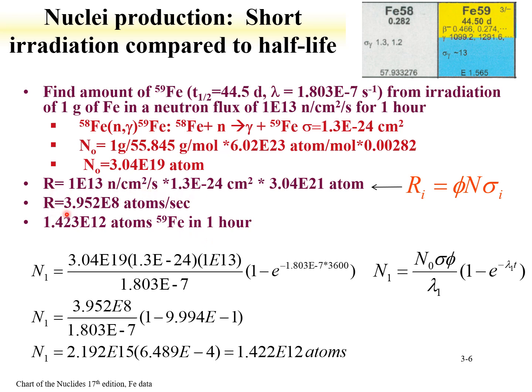I get a rate of 3.95 times 10 to the 8th atoms per second. I say I want this irradiation for an hour. So there's 3,600 seconds in an hour. So from this, I get 1.4 times 10 to the 12th atoms of iron-59 made in 1 hour.